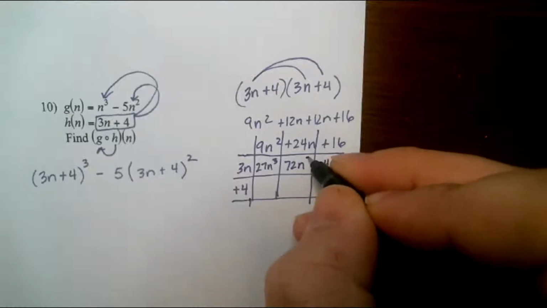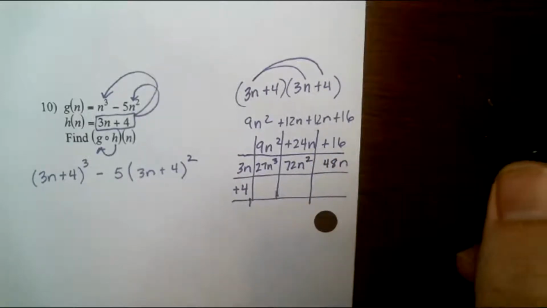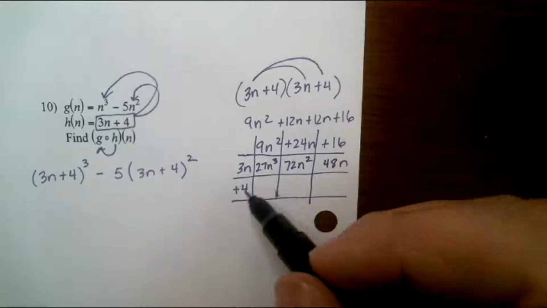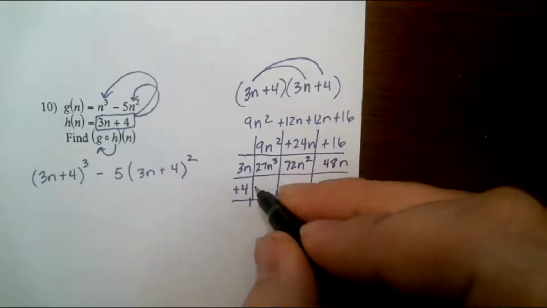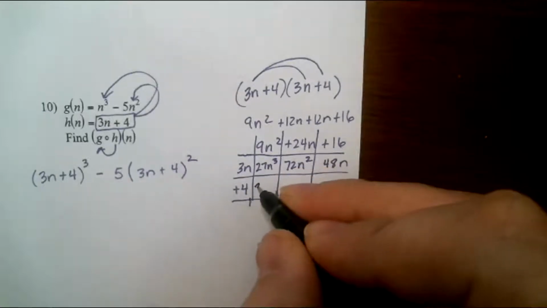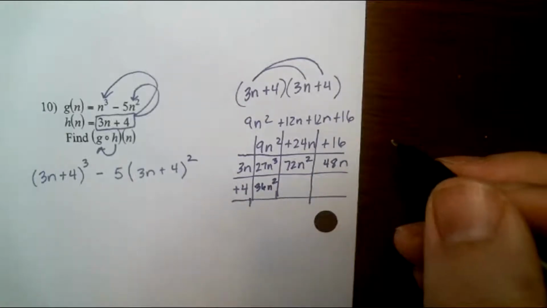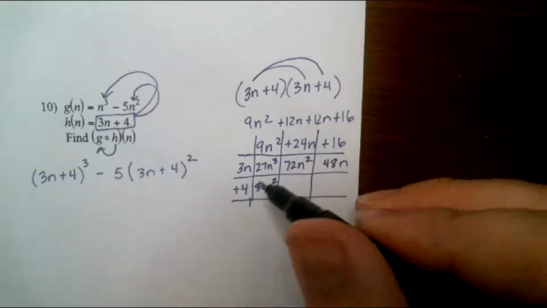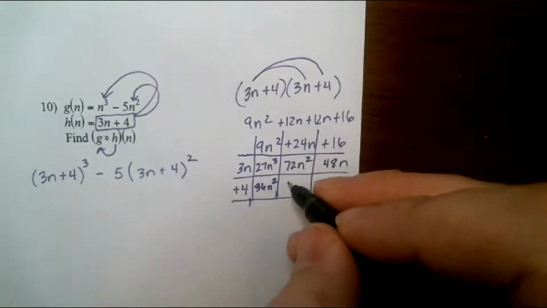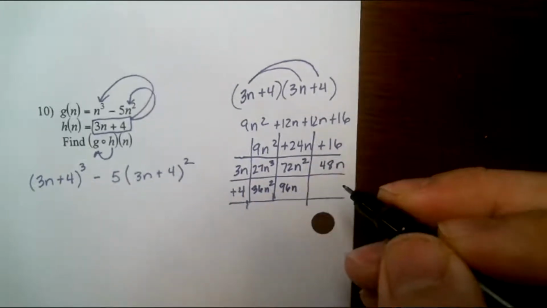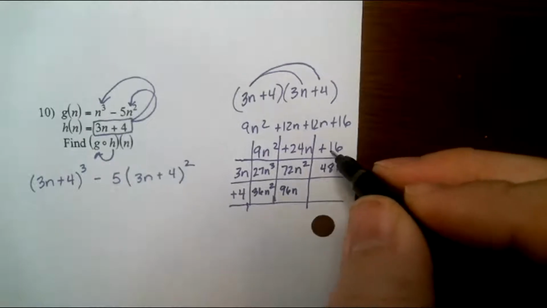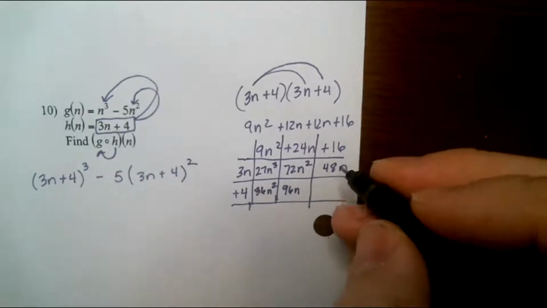And I'm sorry, that's 72n squared. 4 times 9 would be 36n squared. 24n times 4 would be 96n. And 16 times 4 is 64.